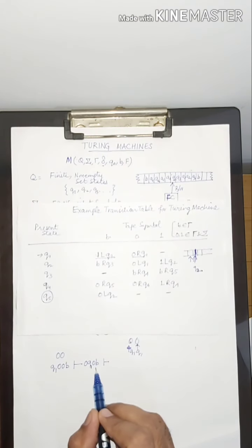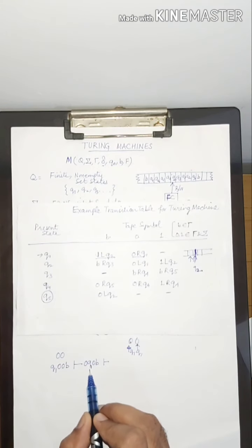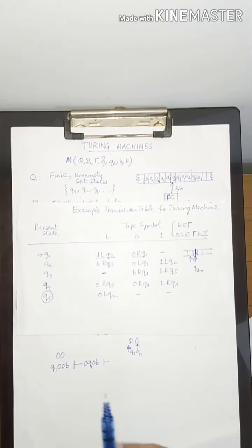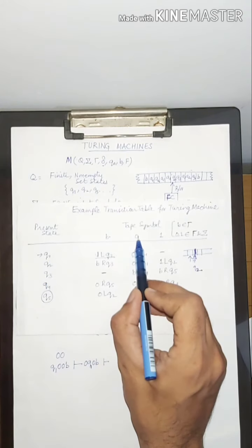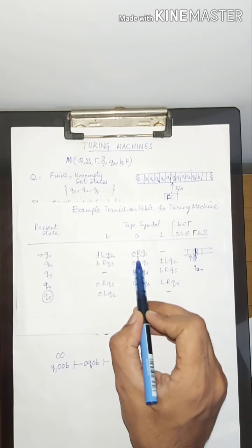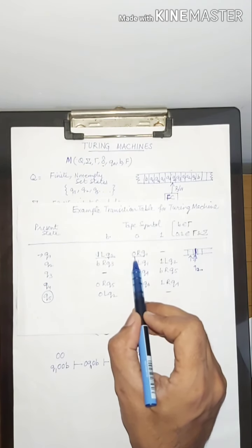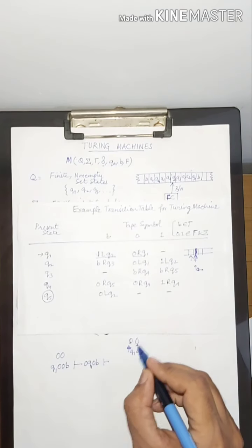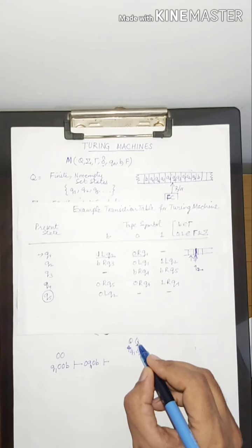This instantaneous ID says that the machine is in Q1 state and the symbol under the head is 0. So we will go for Q1 0. Q1 0, by chance the same, right? So 0 R Q1 means this 0 will be replaced with 0, right?